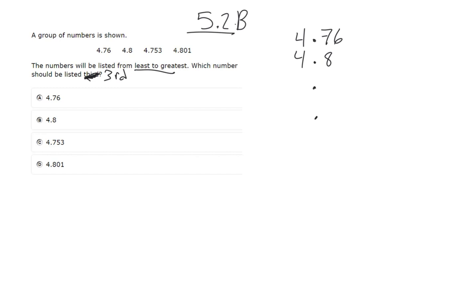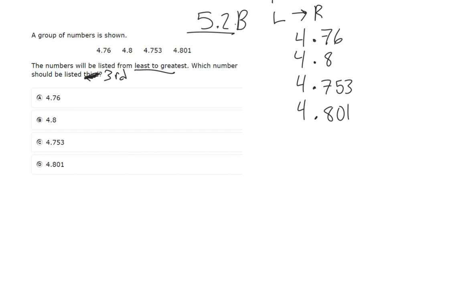Then 4 and 753 thousandths, and then 4 and 801 thousandths. Again, they all have 4 in the ones place. We start from left to right, from the very left. They're all the same.